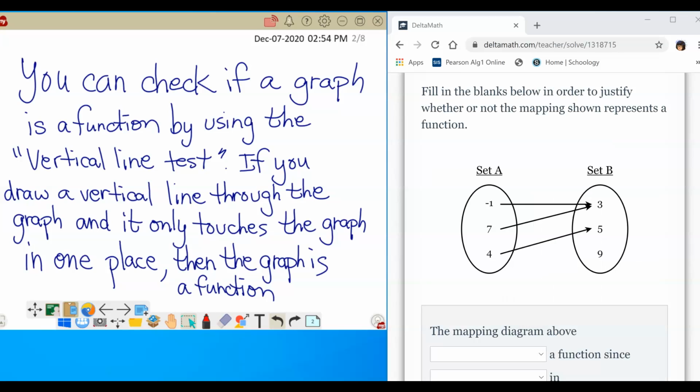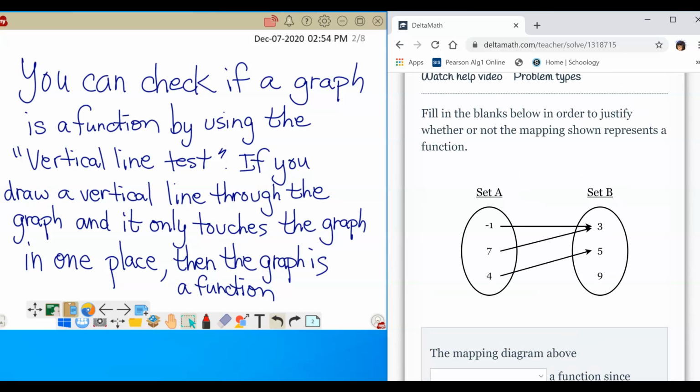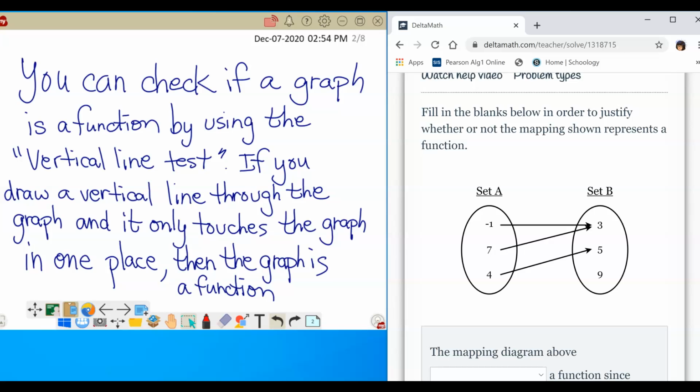So this is another type of representation of a function. It's called a mapping diagram. Set A is your set of inputs, and set B is your set of outputs. And you can clearly see that every A only has one B. Yes, 7 and -1 both map to 3.